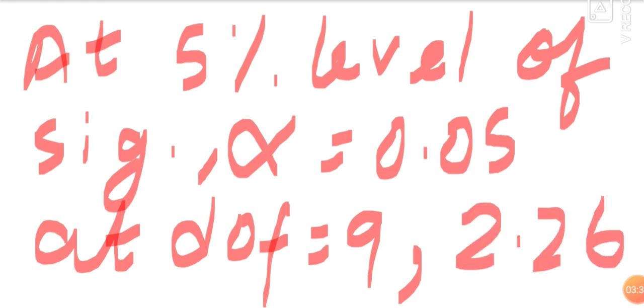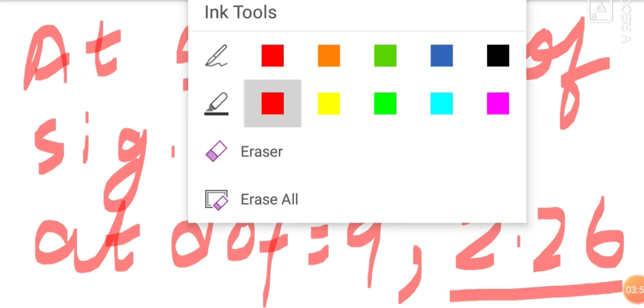I repeat, 2.26 you will get in the table of t-test. There we need to find the alpha, that is at 5% level of significance, where degrees of freedom is 9, we get our value as 2.26.